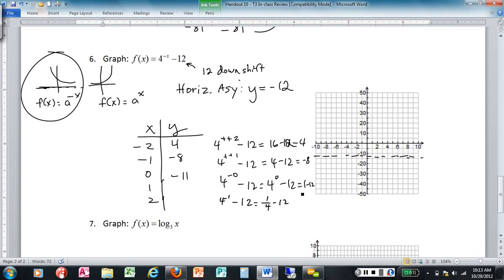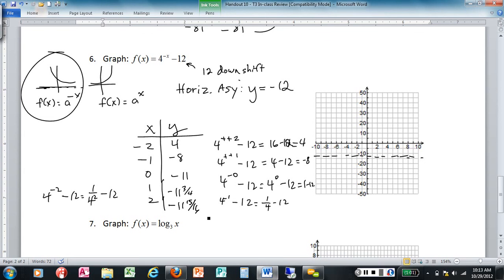So that's negative 11 3/4, or negative 11.75. And then last but not least, when x is 2, we have 1 over 4 squared minus 12, which is 1/16. So that'd be negative 11 15/16, I do believe, or something equivalent.